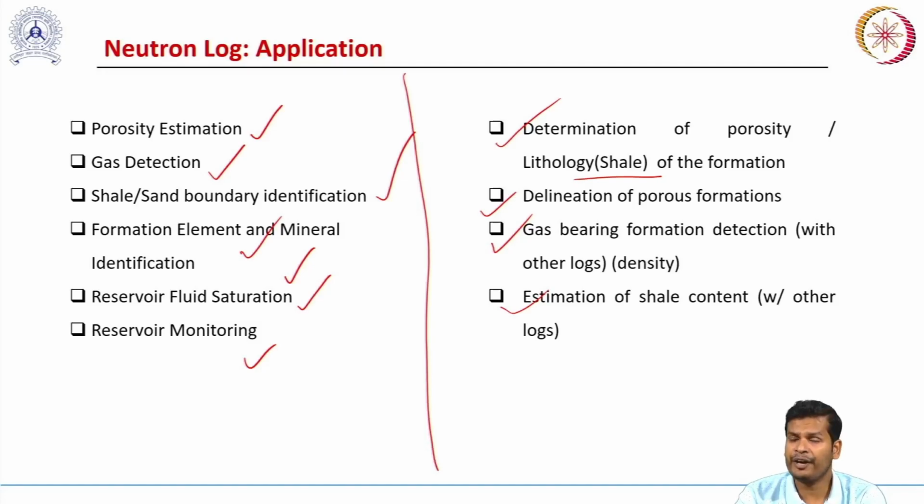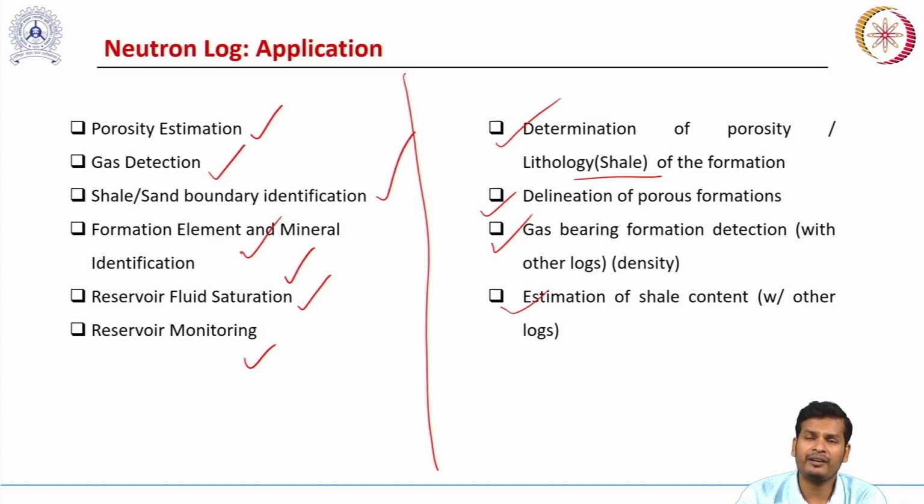So as we have already discussed, the SP log can be used for shale content determination. The gamma ray log, which is the primary shale indicator or shale content estimation tool, can also be used. But in many cases the reading from the gamma ray log may not be reliable, or the shale content calculated from the gamma ray log may not be good enough.